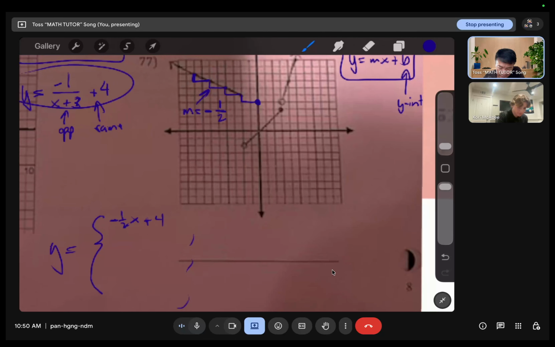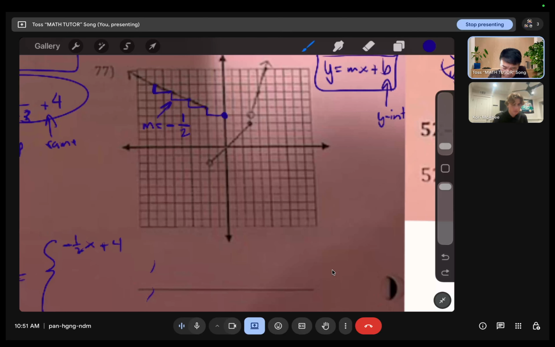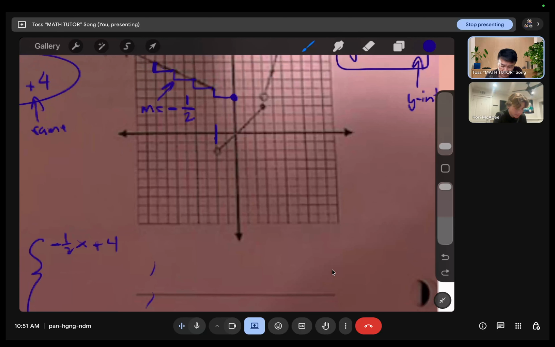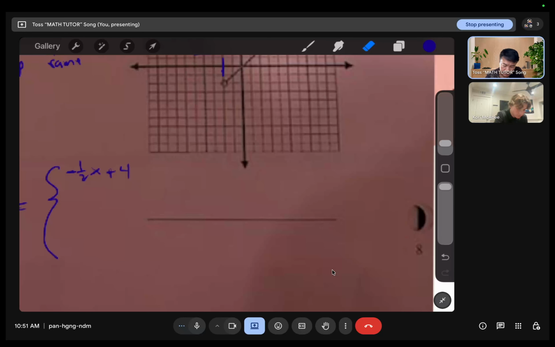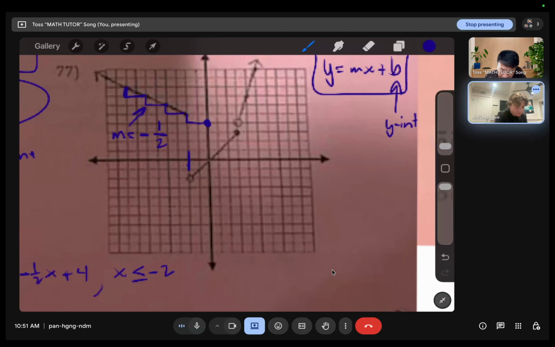If one is open, the one on top or below will be closed.